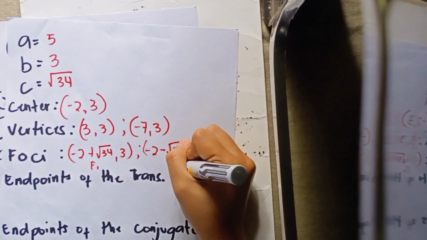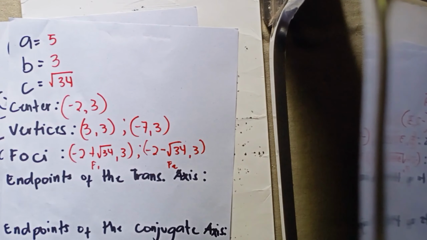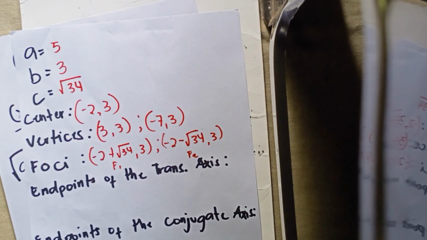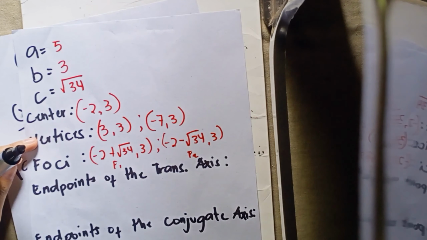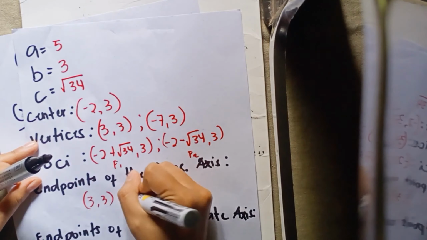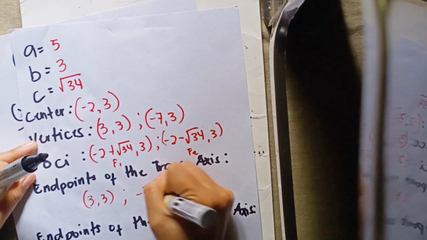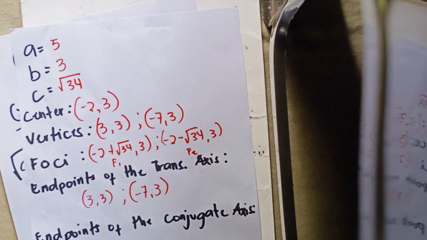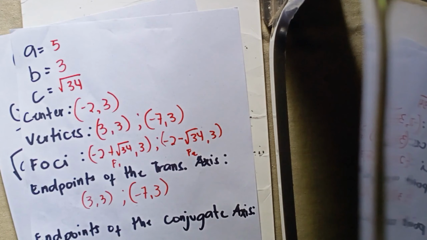That's our F sub 2. Next is the endpoints of the transverse axis. Since our vertices are also the endpoints of the transverse axis, we just copy them: 3, 3 and negative 7, 3.